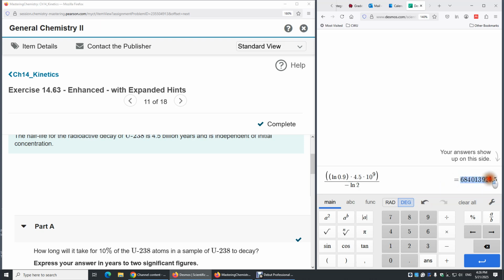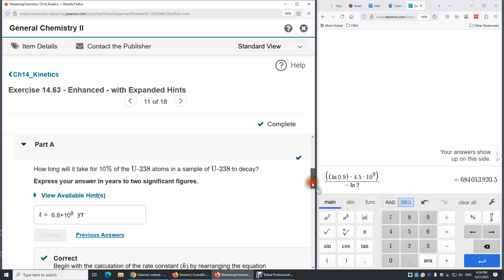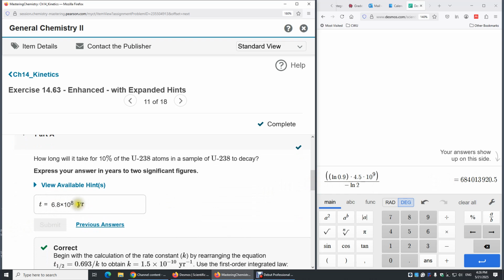This is the number: 6.84 times 10 to the power of 8 years, or 684 million years. Over here, same, a bit of rounding error.